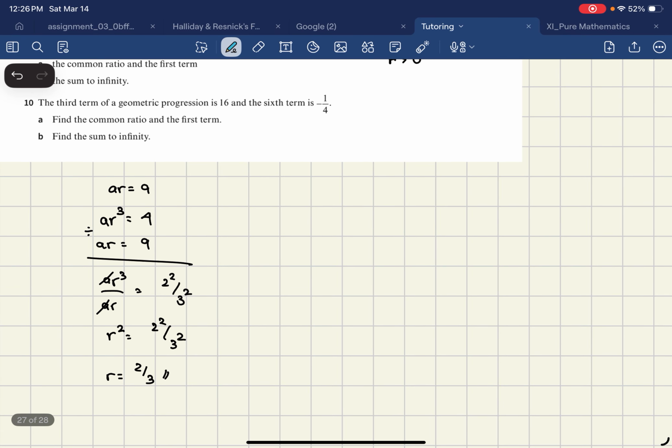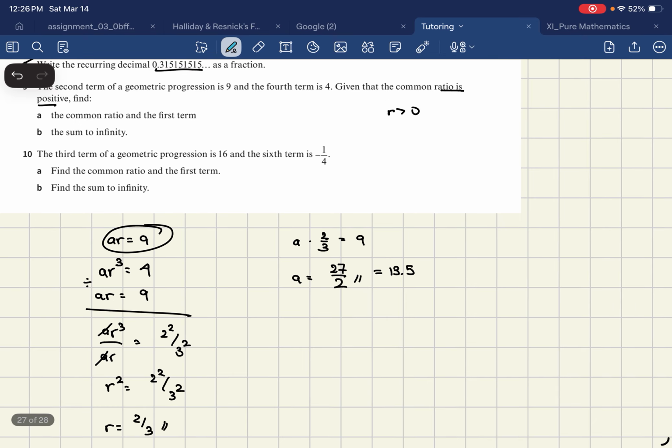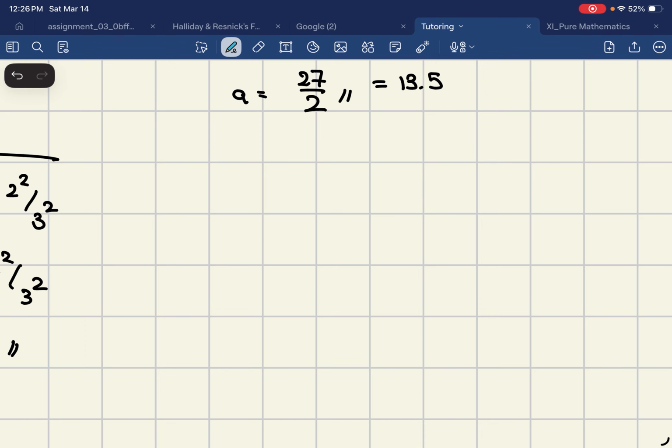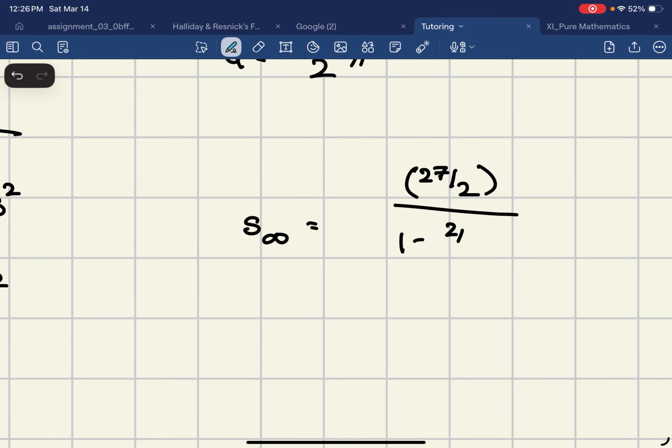So that is R, and I can substitute it here. A times 2 over 3 is 9. So A is just 27 by 2 when you solve it. And 27 by 2 is just 13.5. So I know R, I know A, and the sum to infinity. So sum to infinity is just A, which is 27 by 2, divided by 1 minus R, and R is just 2 over 3.